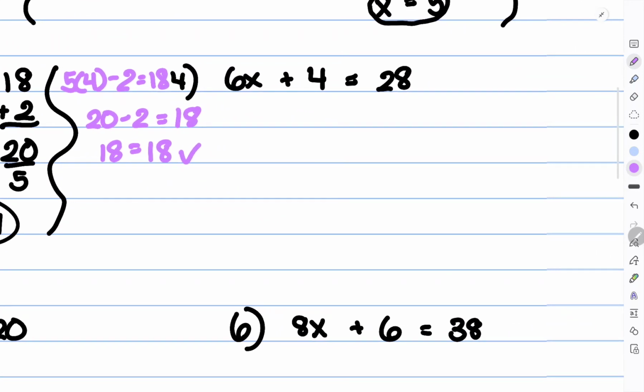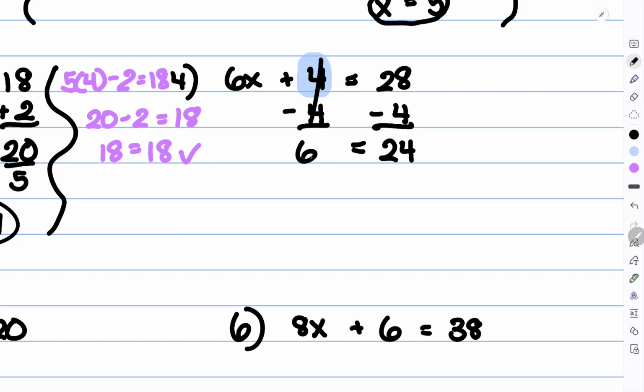Now for number 4: 6x plus 4 equals 28. Our floater is 4. So 4 minus 4 is 0, which cancels out. Subtract on both sides: 28 minus 4 is 24. And 6x equals 24. We're going to divide because 6x is multiplying, and divide on both sides. x equals 4.